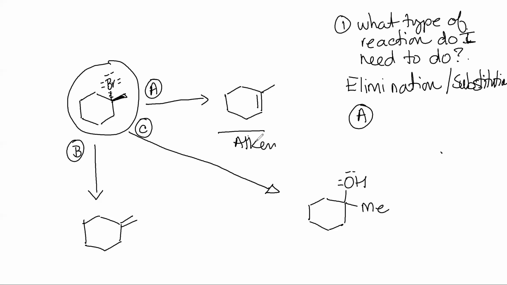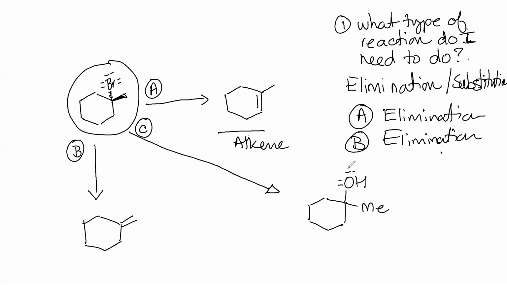So this means that we are doing an elimination reaction. And so A is an elimination reaction, B is an elimination reaction, and C is a, we started with a bromine and we're ending with a hydroxyl group. So C is a substitution reaction.